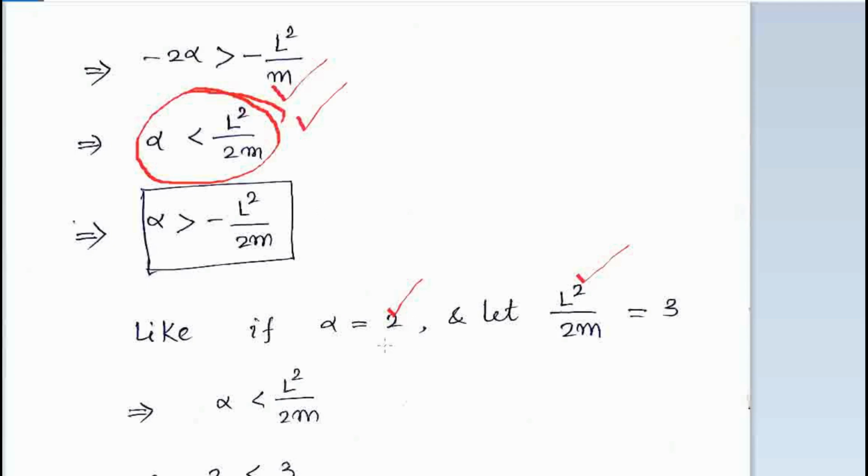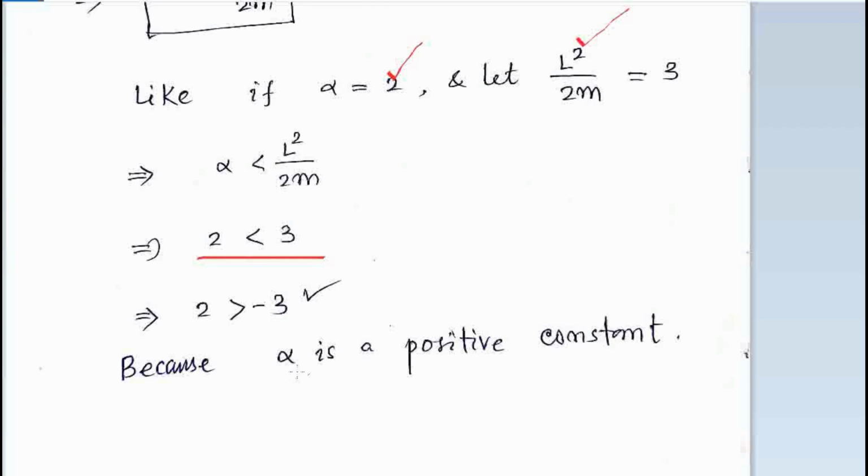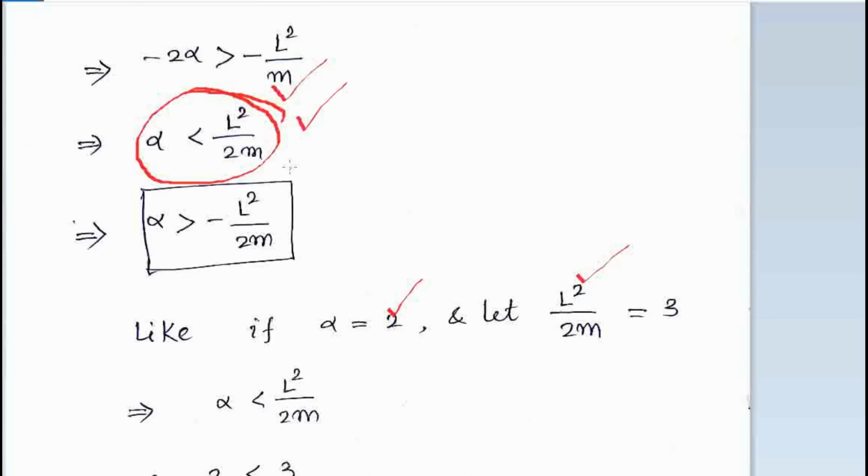Then 2 is smaller than 3. So if 2 is smaller than 3, can you say that 2 is greater than or equal to minus 3? So that concept is used here. So that's why this alpha is becoming greater than minus L square by 2m.